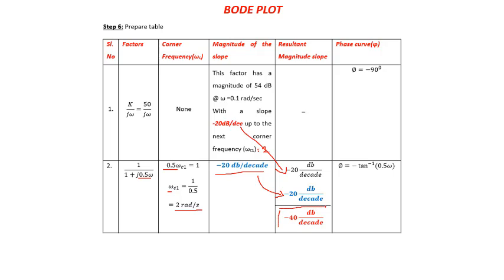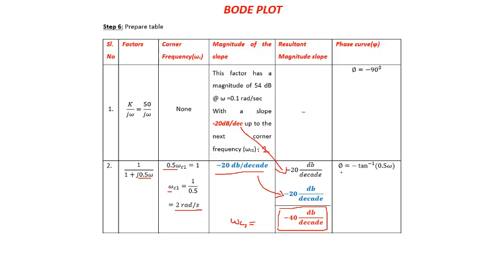So this will be a minus 40 dB per decade slope until the second corner frequency, omega c2. Okay, so we need to find this one. But we know it will start at corner frequency 1, that is 2 radians per second, at minus 40 dB per decade, and end at omega c2, the value which will be found next.